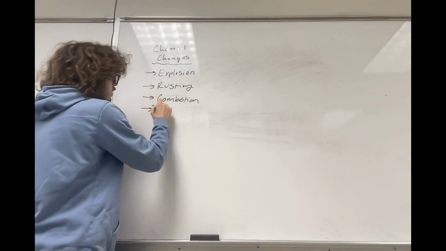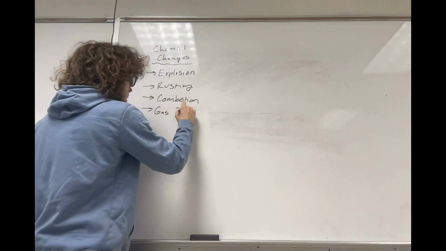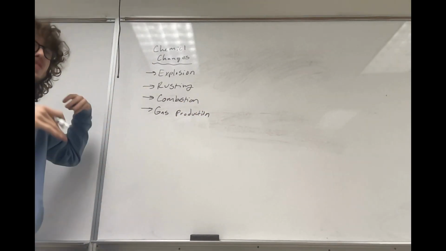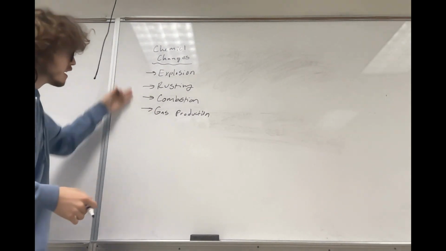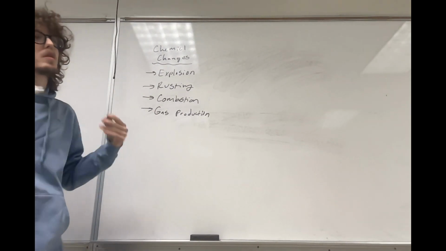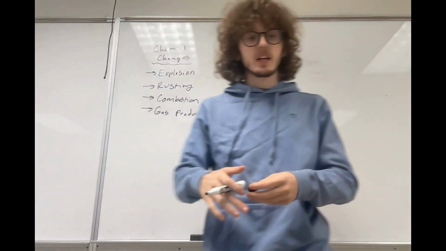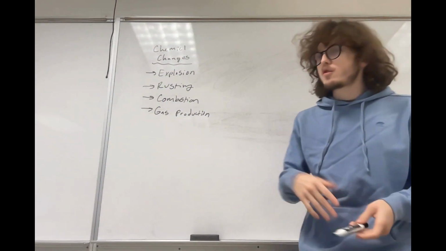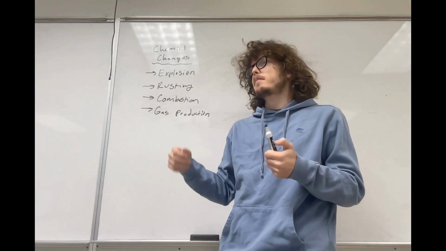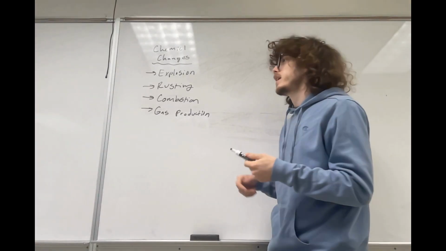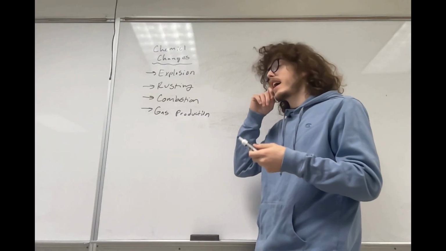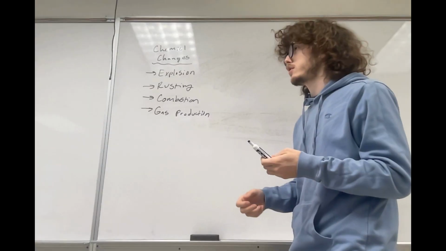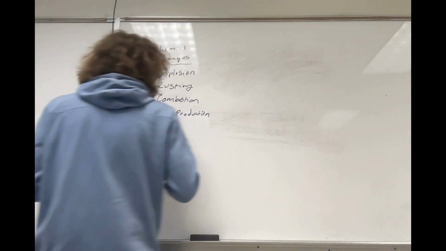Gas production. So whenever you see these kind of things happening, these examples, these are chemical changes, because what's happening at the molecular level is that you're forming new bonds, or you're doing something with how the atoms are arranged, and it's causing the actual chemicals, the molecules, the atoms to change, okay, in their composition or formation.